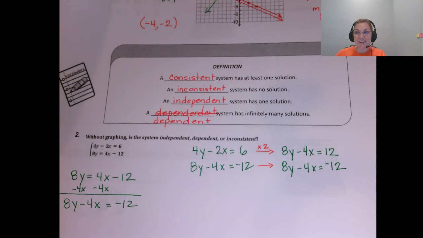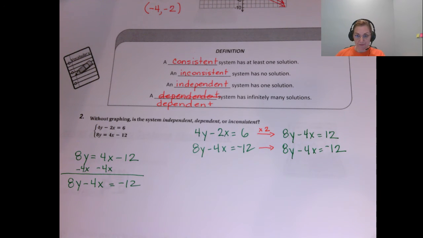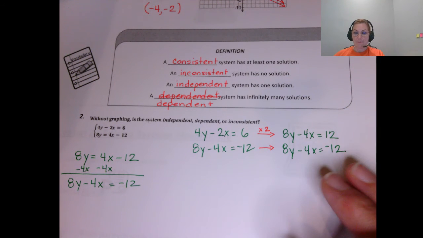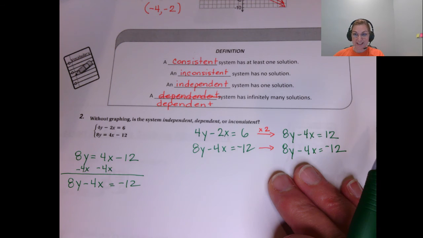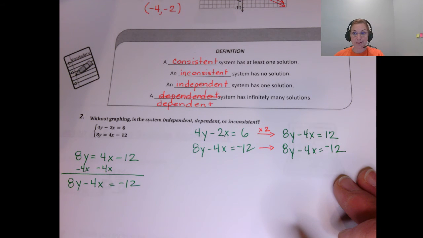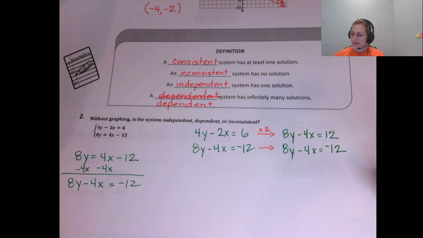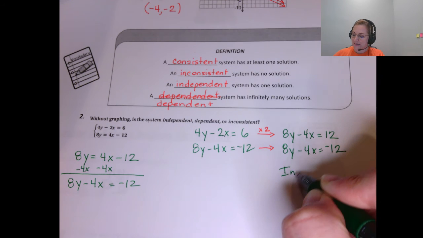Ooh, those look really close, don't they? But they're not. There's a distinct difference. And because there's a difference, when one side's exactly the same but the other side is not the same, this is an inconsistent system.